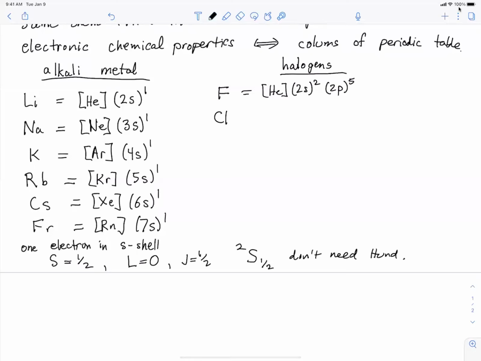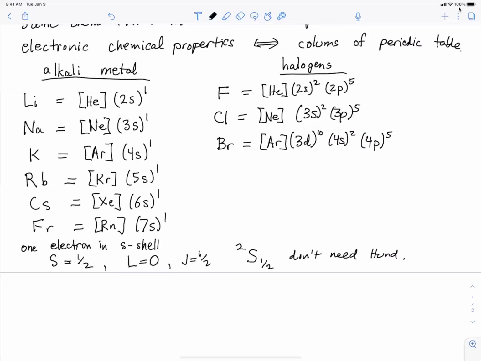So chlorine is going to be neon, 3s2, 3p5, and bromine is argon plus 3d10, 4s2, and 4p5. We can't forget, though, to put in the d shells in there.